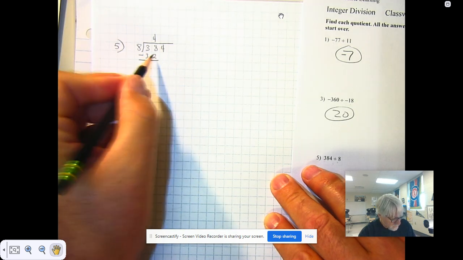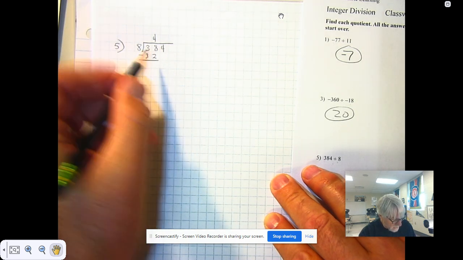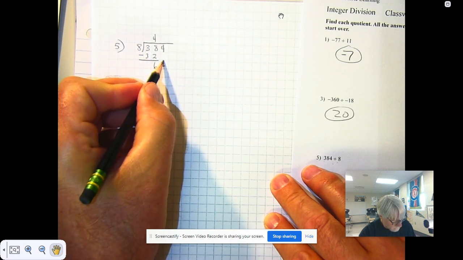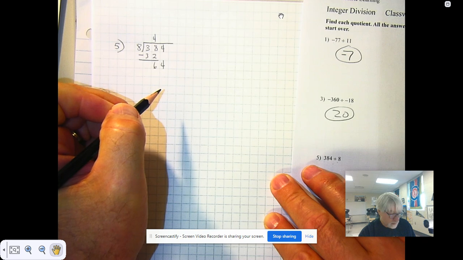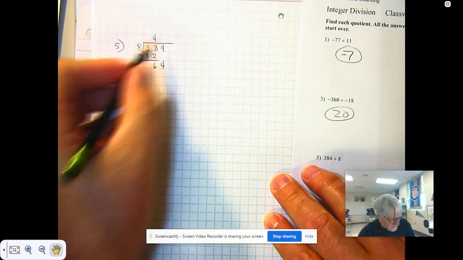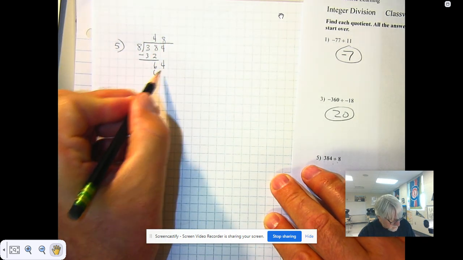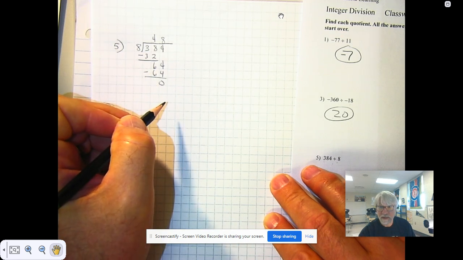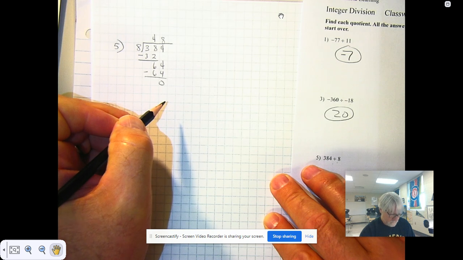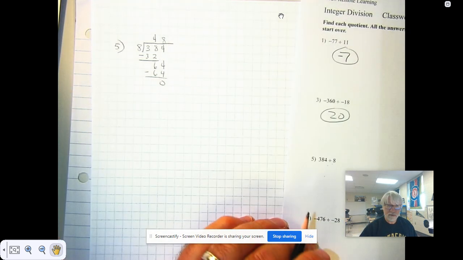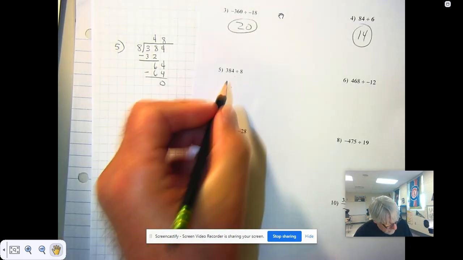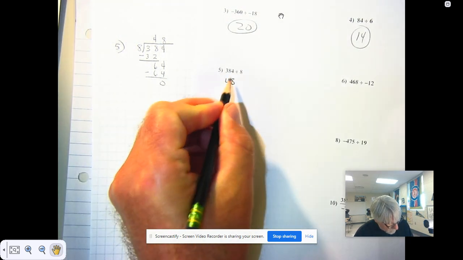Subtracting 2 from 8, I get 6. 3 from 3 gives me 0. I bring down the 4. Now I know that 8 times 8 is 64. And when I subtract, I get a remainder 0. So my division is done. If I didn't get a 0 in this work, I did something wrong. So positive divided by a positive, this answer is 48.